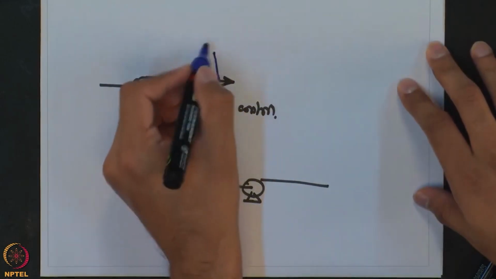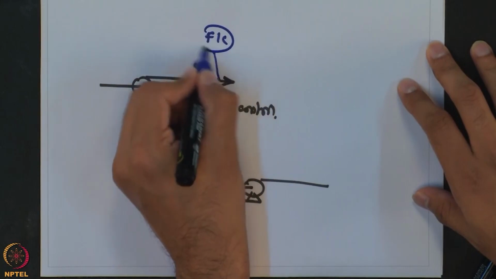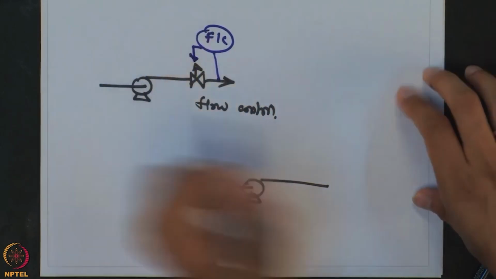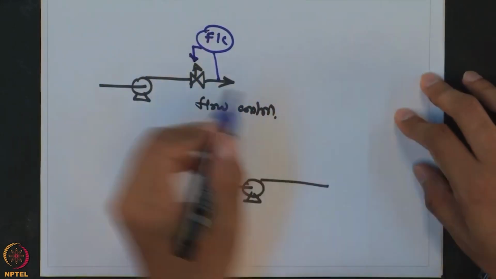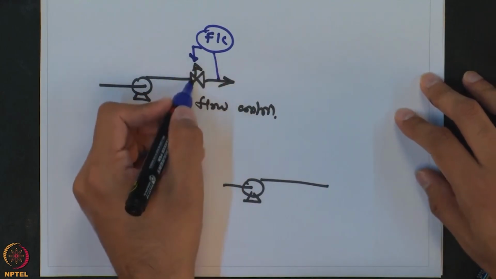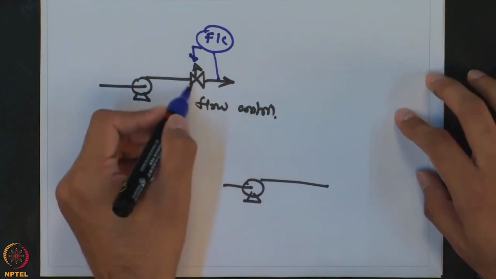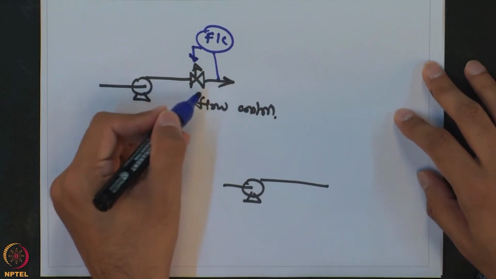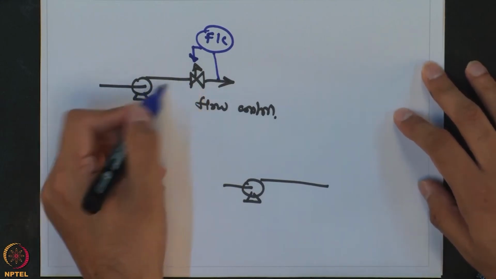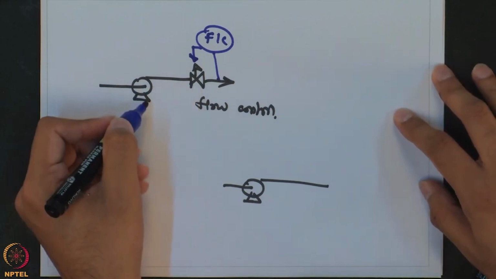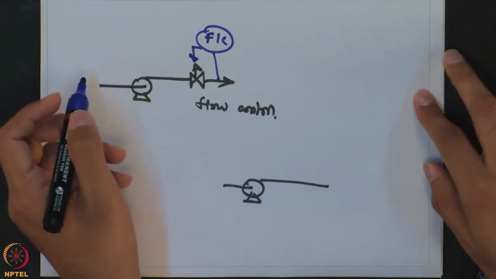So you will measure the flow and then accordingly change the valve opening. If the flow is higher than the set point, you will close the valve opening. So what it does is it changes the resistance across which this pump has to do the work. So more is the resistance, less will be the flow through the pump. So it works on that particular principle of the pump.